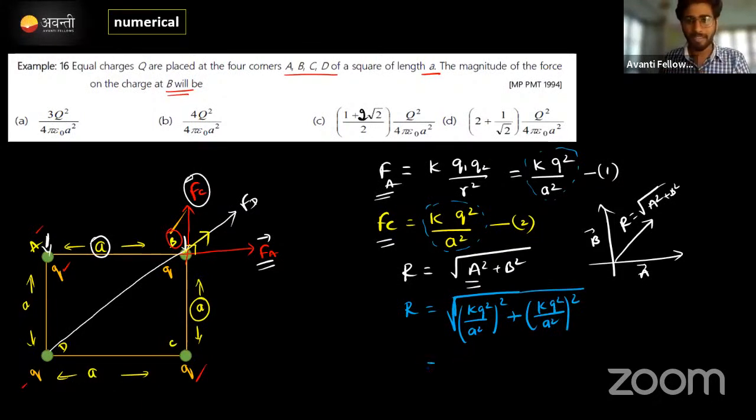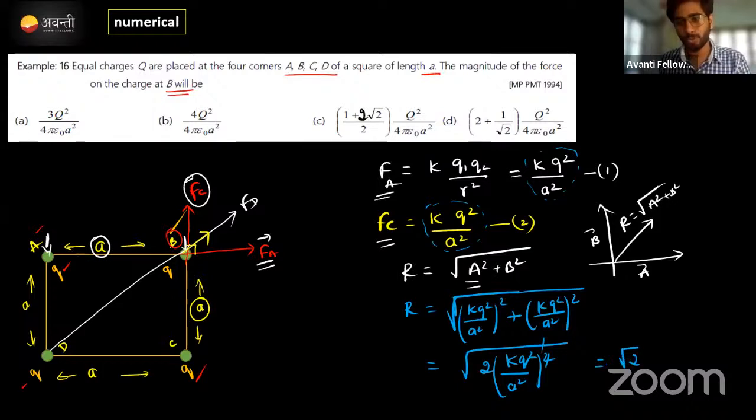Both are the same, that's why I will add these two directly. If I add, it will come to 2 times K q square by a square, whole square. Then the square and root will cancel. Finally, I will get the answer: root 2 into K q square by a square. This is the resultant vector.